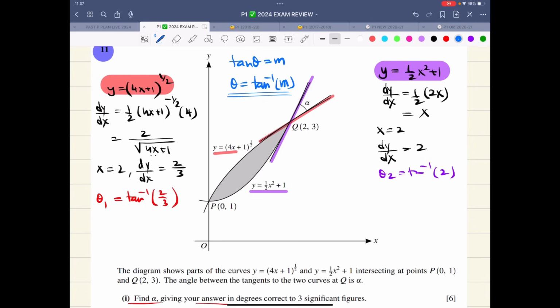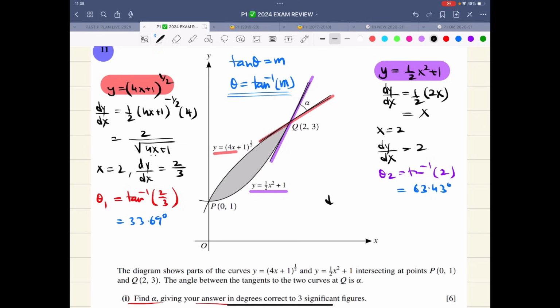Now I have grabbed my calculator and I'm working in degree mode. So shift tan, a fraction 2 over 3, and equals. This comes out to be 33.69 degrees. Tan inverse of 2, I remember this value, is 63.43.